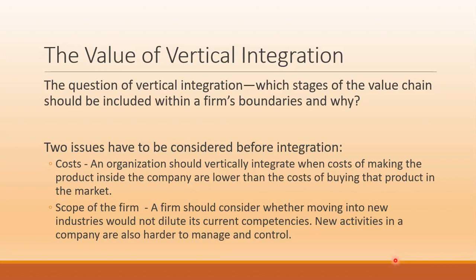So remember when we looked at resources and capabilities and core competencies, we looked at how a firm is able to carry out a particular task, produce a particular product, develop their own brand name, come up with new ideas and research and development. So is the firm able to do all of those things for a new firm? That is what the scope really is. And they would have to think about whether or not they are able to do so to make a final decision on whether or not they should vertically integrate.